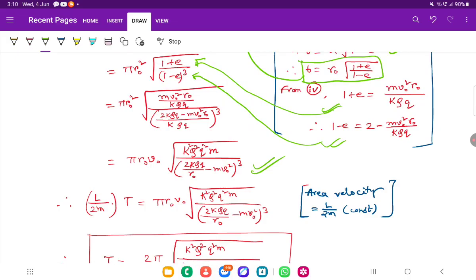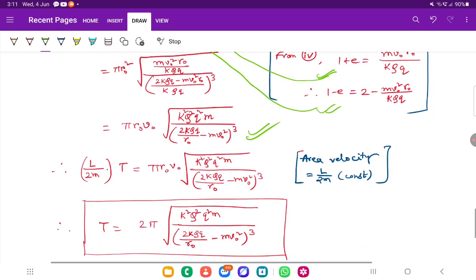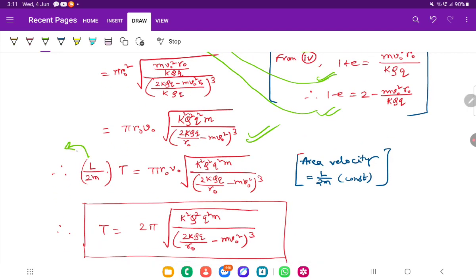And as you know, in Kepler's law, areal velocity is a constant term in gravitational or whatever be the field. When the particle is moving in an elliptical path, Kepler's laws are valid, and you can use this. So this is the areal velocity, I mean the amount of area covered in unit time, or dA/dt in differential form.